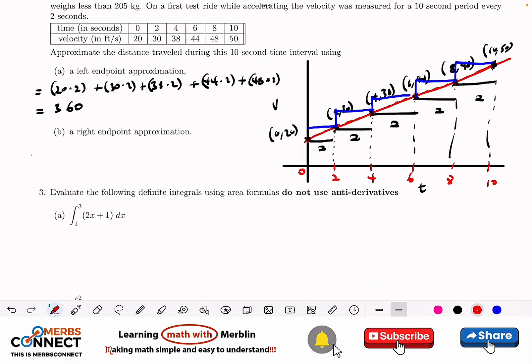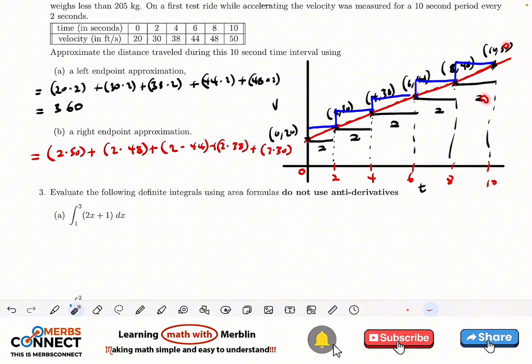Let me use red. This is going to give us 2 times 50 plus 2 times 48 plus 2 times 44 plus 2 times 38 plus 2 times 30.